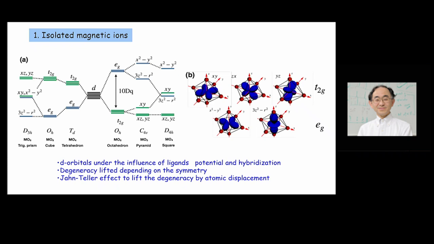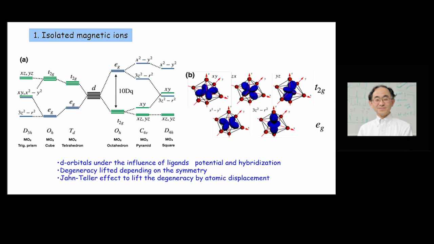Okay, so what I summed up is the orbital under the influence of the ligand potential, and because you have an overlap of the wave function between the d orbitals and the p orbitals of oxygen, usually you have a hybridization in addition to this Coulombic interaction. So these two effects give rise to the so-called splitting 10Dq.